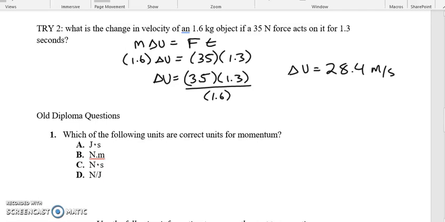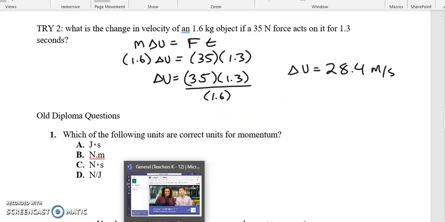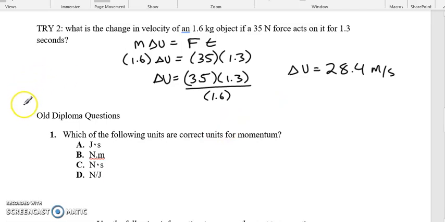So really this would be a magnitude in the change in velocity, or change in speed. We put in our numbers and divide both sides by 1.6. When you calculate that out, you should get 28.4 meters per second as your change in velocity.